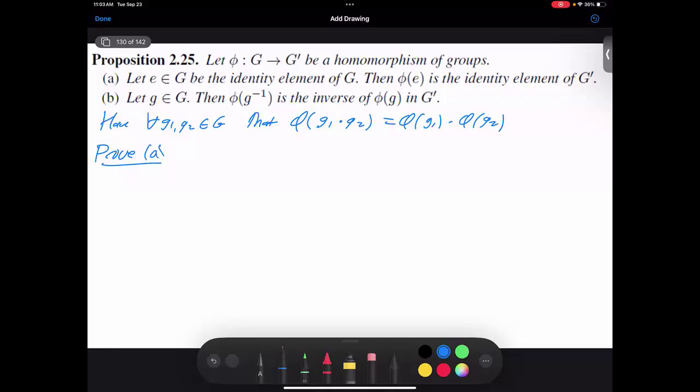What do you think would be a good choice? Any thoughts? What could we try for g1 and g2? We want to show that phi of e is the identity of G prime. What should you take for g1 and g2?